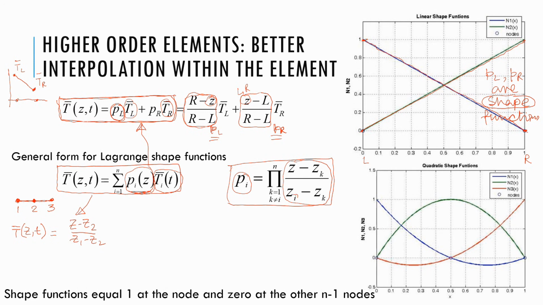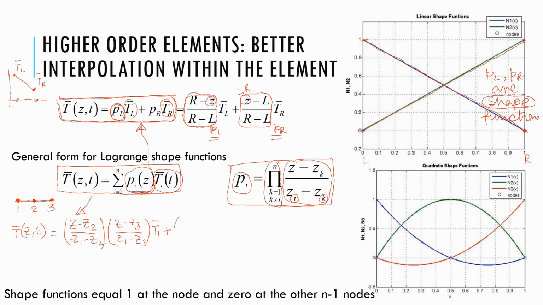So i is 1 and k cannot be 1, so it's 2 and 3. So there will be two terms because of the multiplier. Okay, (z minus z3) over (z1 minus z3) times T1 bar.